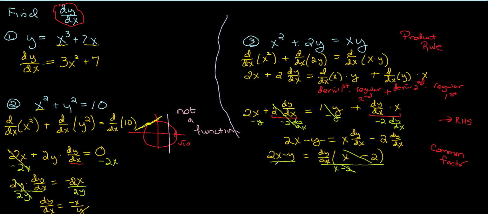Divide. And now we're done, because over on the left-hand side, I have 2x minus y over x minus 2, and on the right-hand side, dy/dx. So I've achieved my goal of solving for dy/dx.